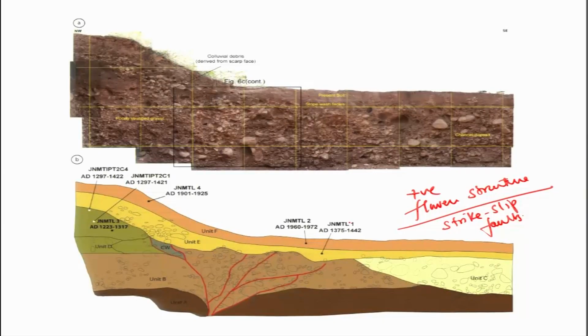So for example, if we take one age of the capping unit, which is probably the oldest one over here, and then the minimum age of this one somewhere here.